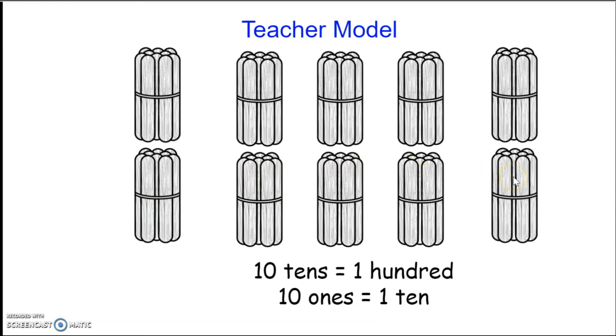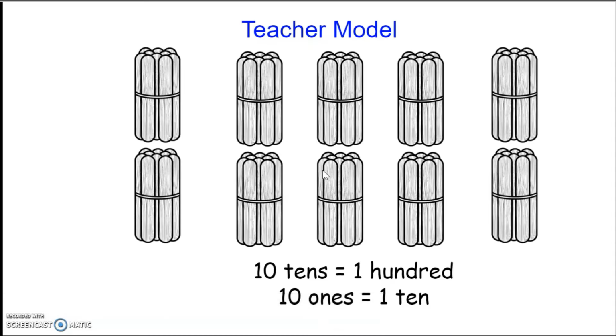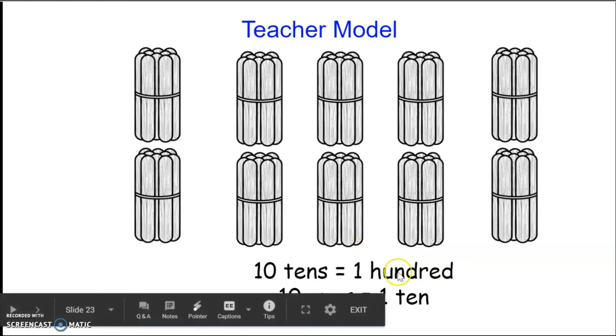How many straws are in 10 tens? There are 100 straws in 10 tens. So what is another way to say 10 tens? Another way to say 10 tens is 100. Let's go ahead and keep going.